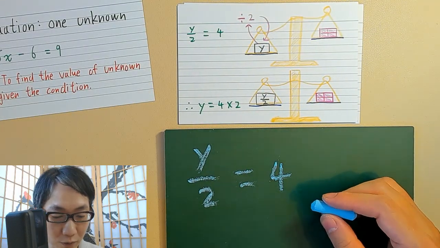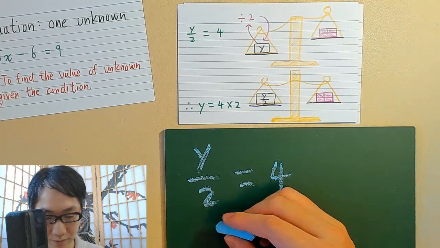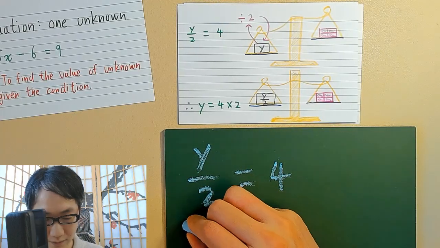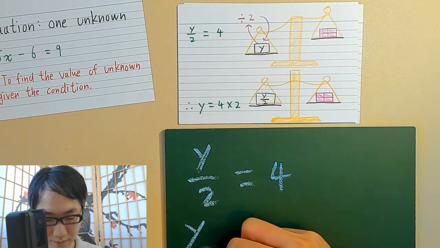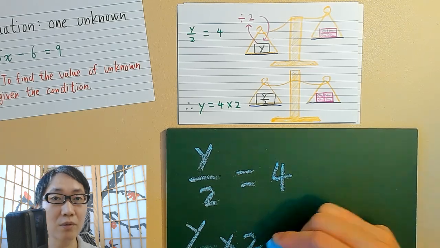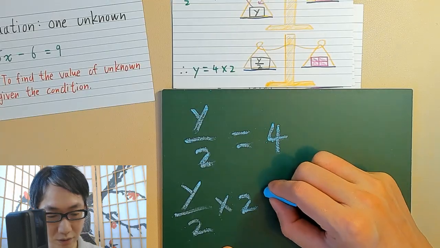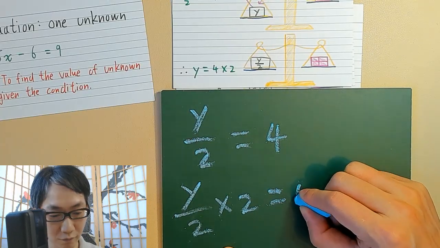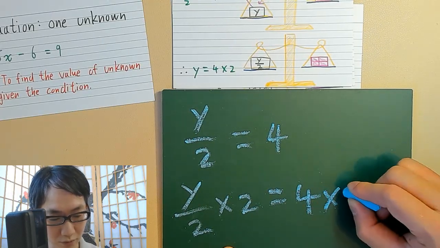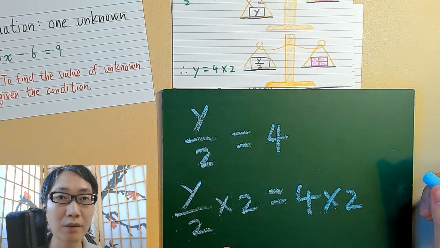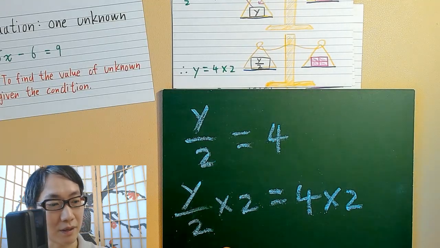Then we can multiply both sides by 2. Then y over 2 times 2 is equal to 4 times 2.